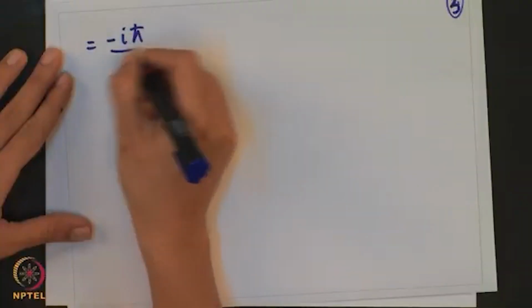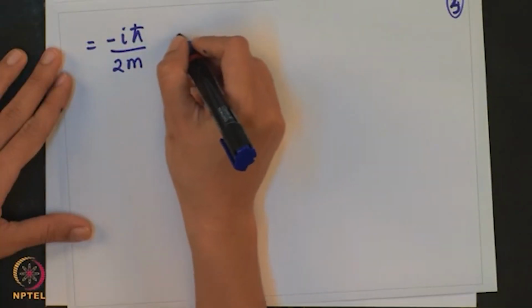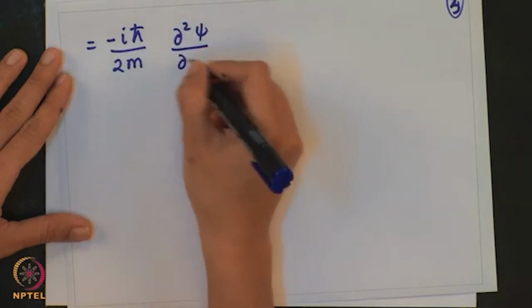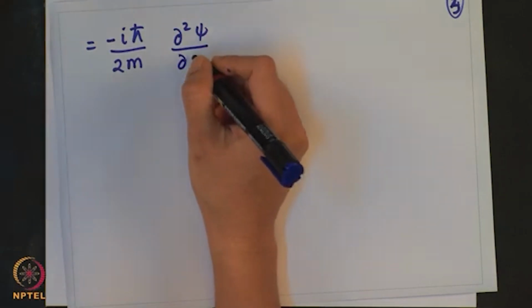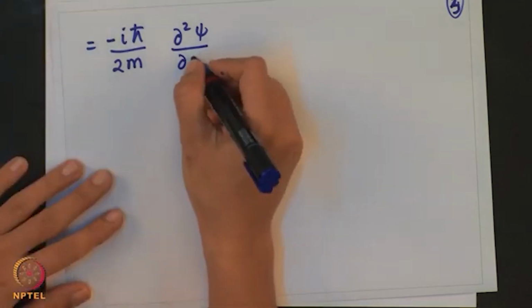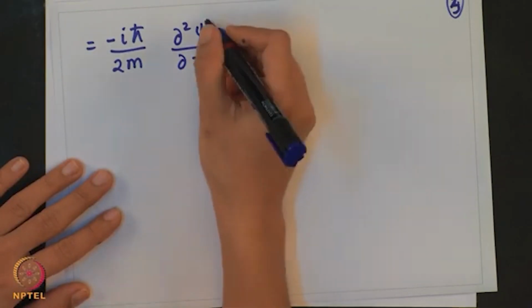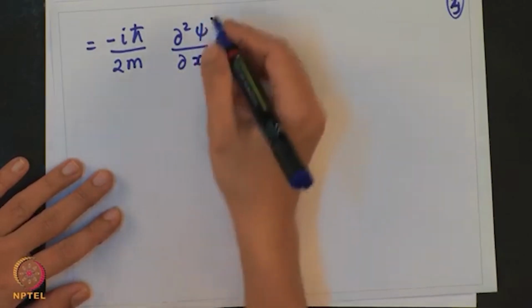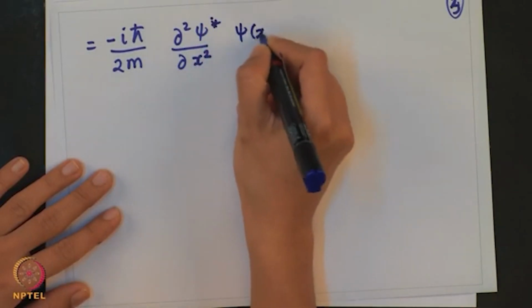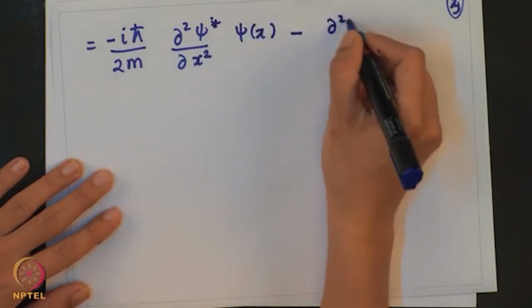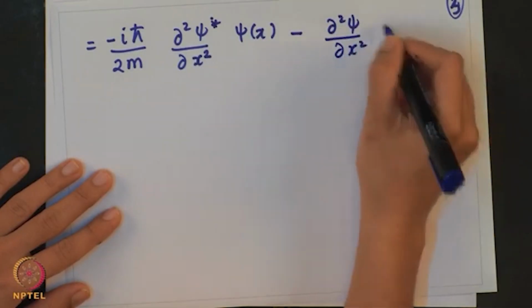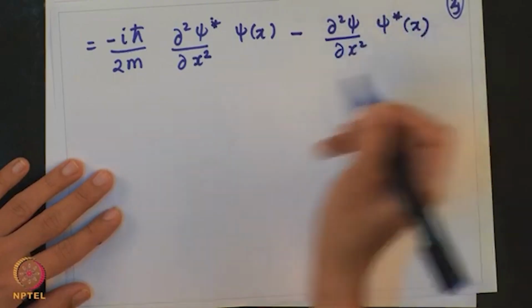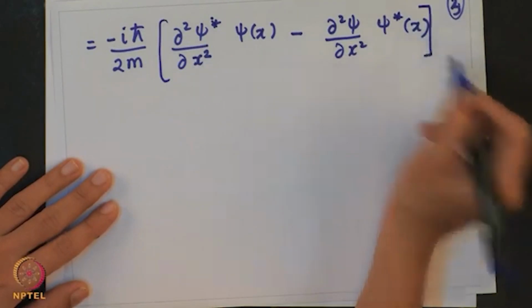So I can simplify this as i h cross upon 2m, then the first term will be d square psi by dx square with psi star of x, minus d square psi star by dx square with psi of x. This is what I have.